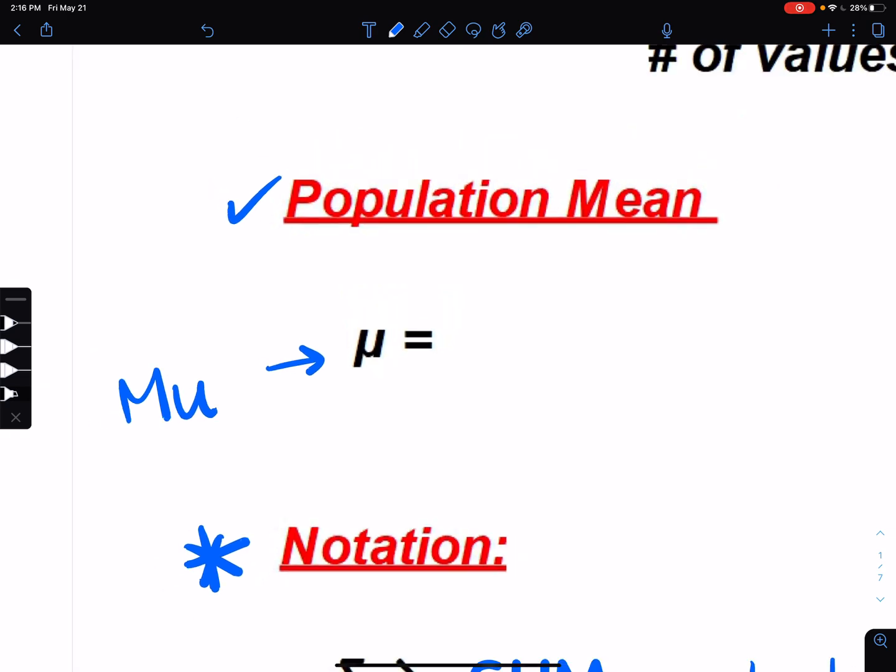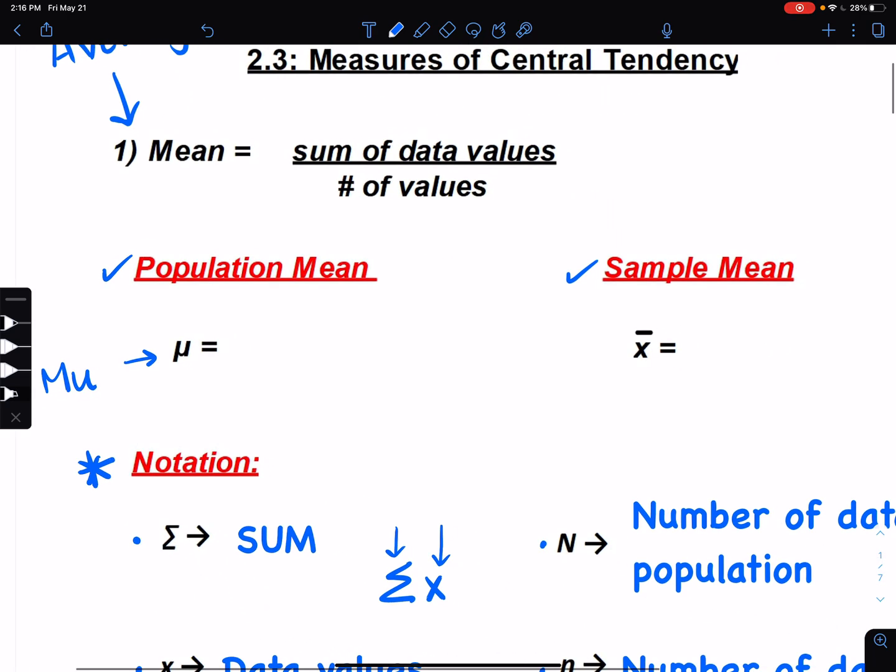Now, if we're only looking at a sample, a subset of the population, and we calculate its mean, we're going to denote that as a value of x bar. And that's just written with x and a little line over the top of it. So you want to be familiar with these things. When you see them in a formula, you want to know mu is a mean for the whole population. x bar is a mean for just a sample data set.